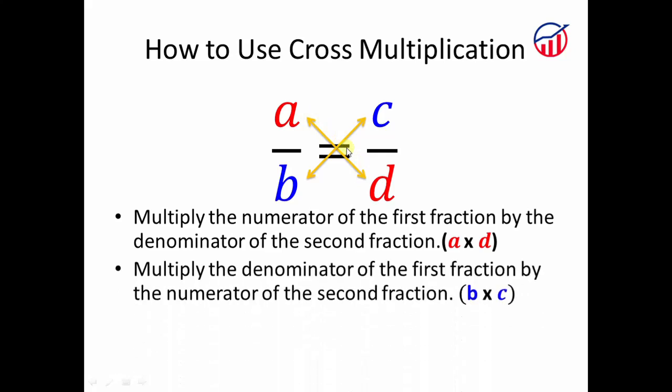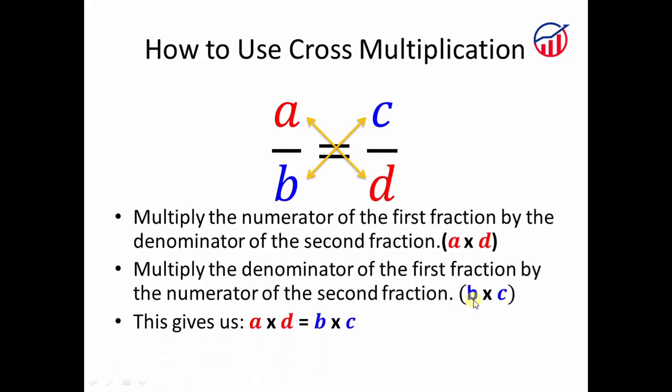Then second, what you do? Multiply the denominator of the first fraction by the numerator of the second fraction. You can also do vice versa, it doesn't make any difference. So you multiply the denominator of the first fraction, which is b, by the numerator of the second fraction, which is c, highlighted with the blue color over here. So you can see b into c.